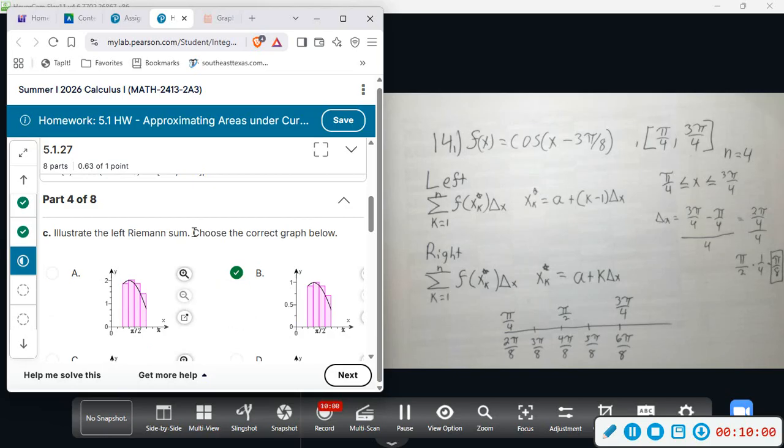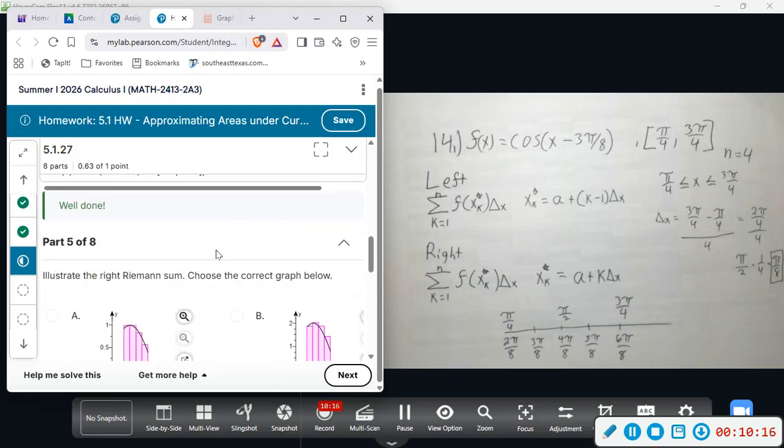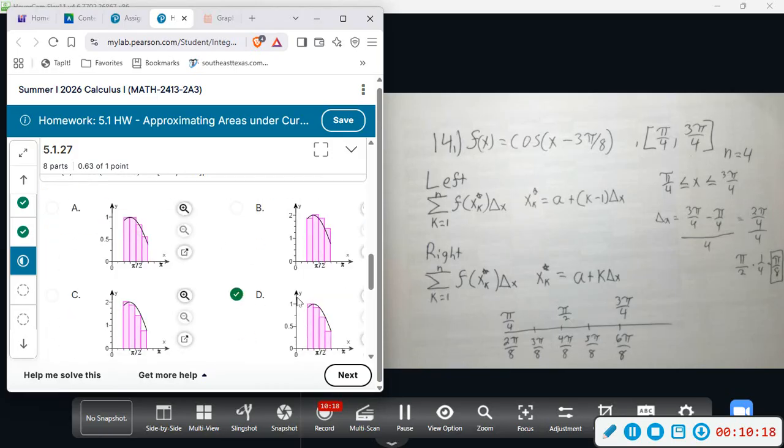Left Riemann sum, as you can see, goes above the box. So the first part, when it's still increasing, is below, but on the rest of it, it's above. So the left Riemann sum is going to more likely overestimate. When you get to the right Riemann sum, one little piece is above, but the rest of them are under, and a lot more is under, so it's going to underestimate.